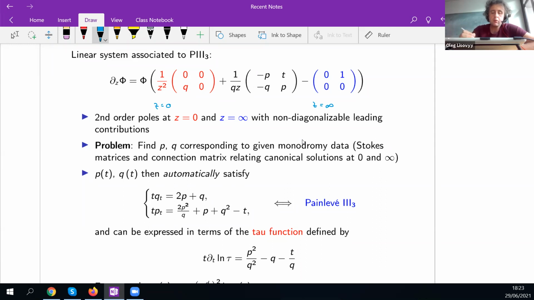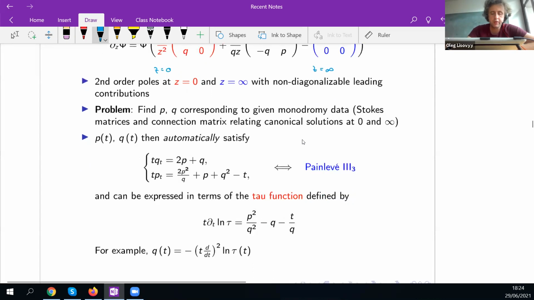And it turns out that if, in addition to monodromy, we... no, let me say it differently. If we fix the monodromy and we try to vary this T variable, then the corresponding parameters P and Q become functions of monodromy and this time, which automatically satisfy this system of first order nonlinear equations, which is equivalent to Painlevé 3.